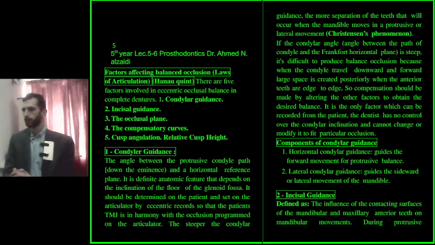It is a definite anatomical feature that depends on the inclination of the floor of the glenoid fossa. It should be determined on the patient and set on the articulator by eccentric records, so that the patient's TMJ is in harmony with the occlusion programmed on the articulator.